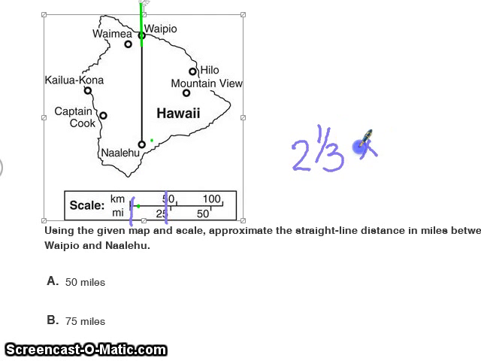So if I take 2 1/3 and multiply it by 25 miles, I see 2 times 25 is 50, and then 1/3 of 25 would be about 8. I'm thinking A is the correct answer.